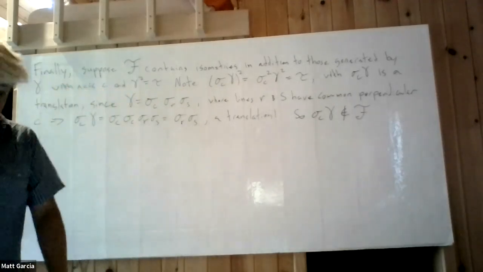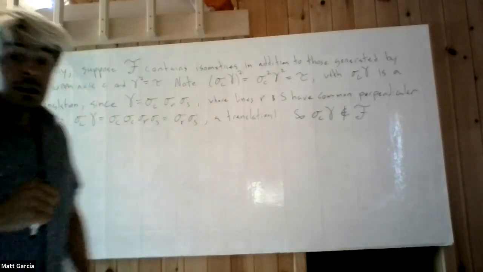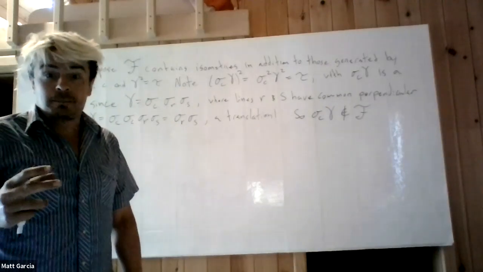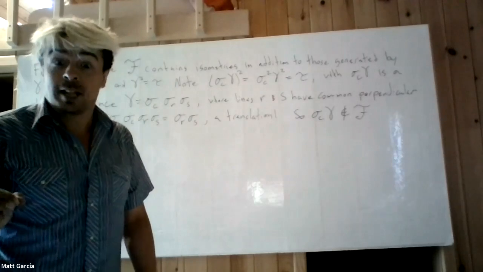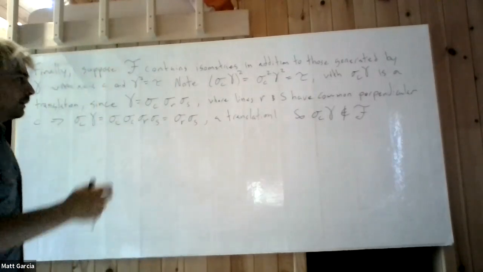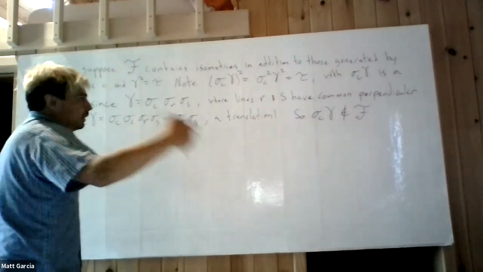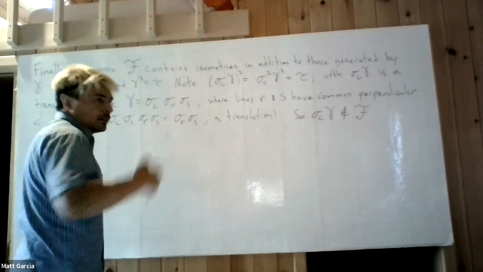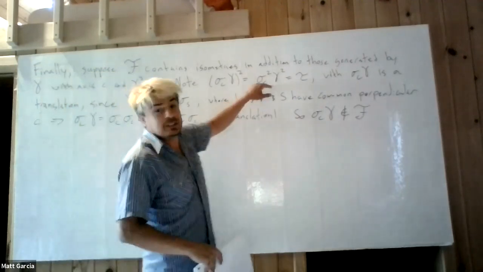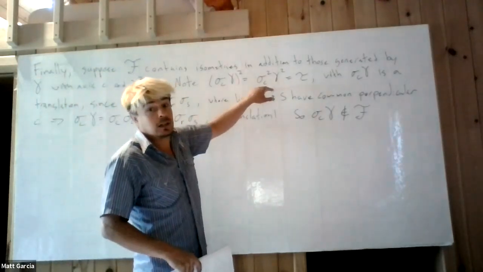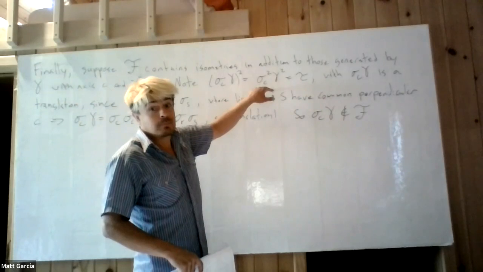Because all the translations in F are some integer power of tau. You're only allowed to apply tau or tau inverse to get all your translations. But here I have a translation of half the length of tau, right?